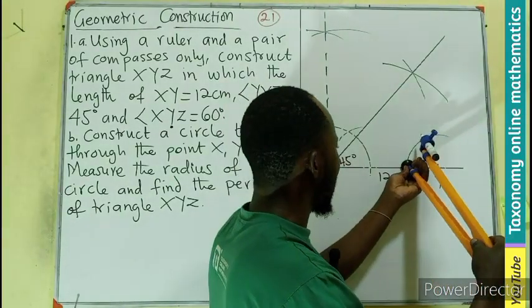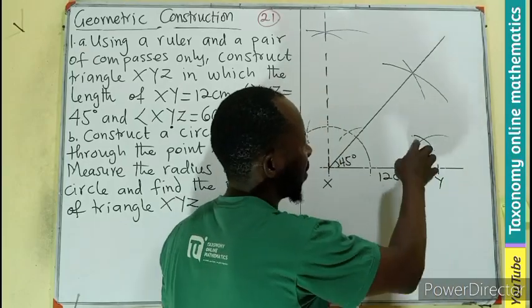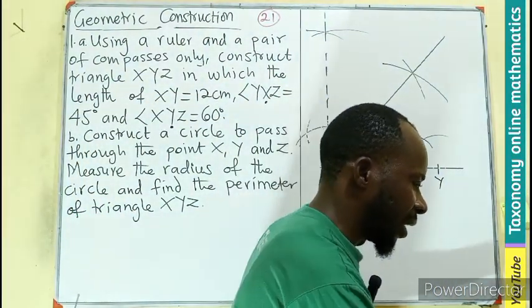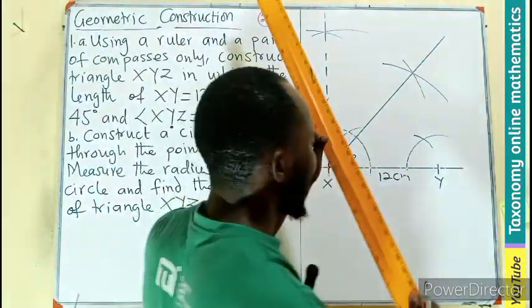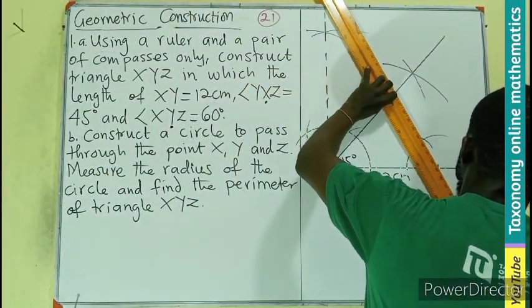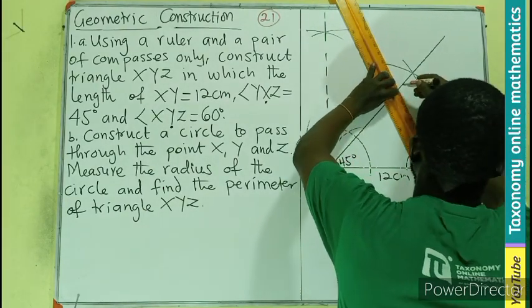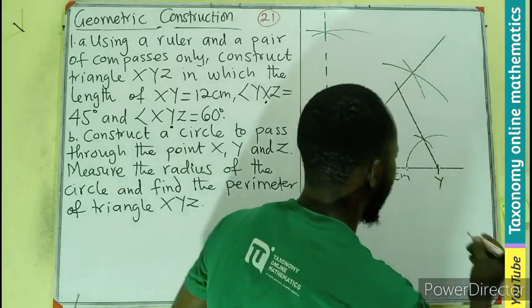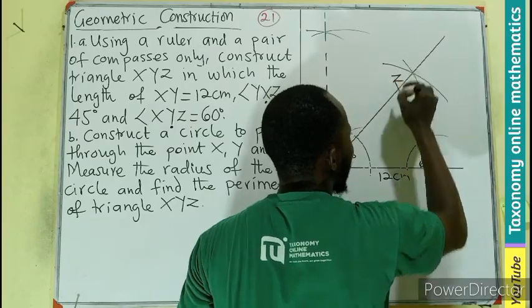On that semicircle with the same radius, stand there and make an arc. Now we are going to join that arc we constructed with the base Y to form the triangle we are required to draw. Good. So this is 60 degrees and this will be our Z.